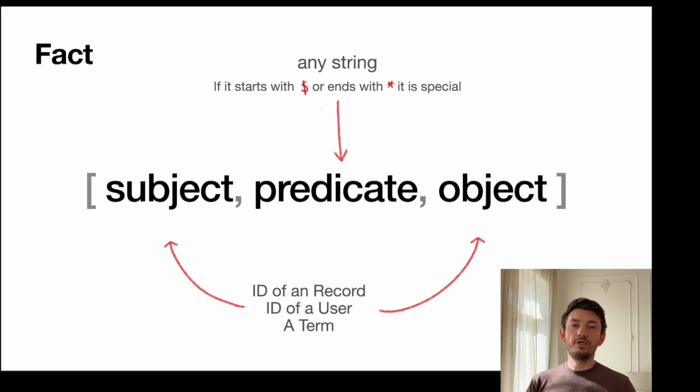Every predicate that starts with a dollar means that you are specifying the authorization, the permissions of that particular subject. Also, the asterisk has a special meaning. Whenever a predicate ends with an asterisk, it means it is a transitive relationship. We will see a little example later on of what a transitive relationship can do.